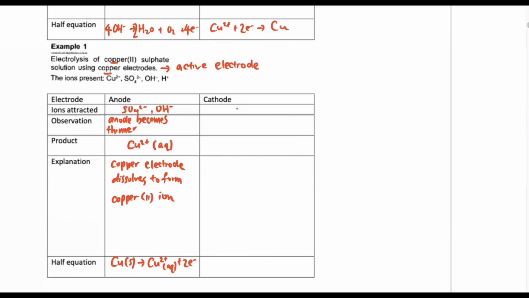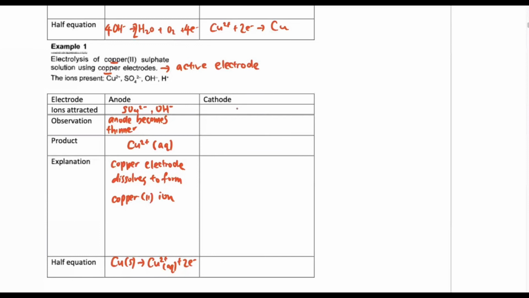Okay, so the equation is Cu2 plus gets electrons and becomes Cu, just the other way around compared to this. So that is how the electrodes become active and something like this happens. It's just copper that plays the role on both sides.